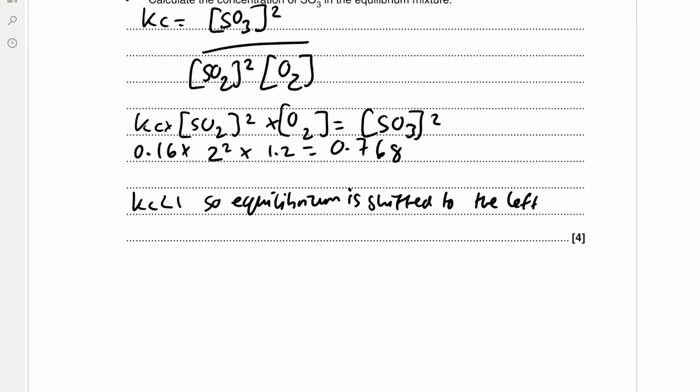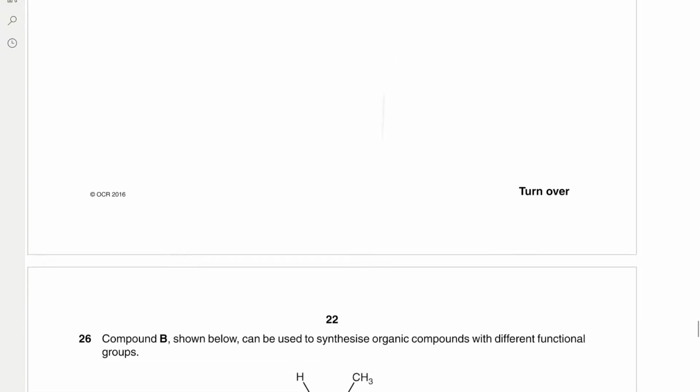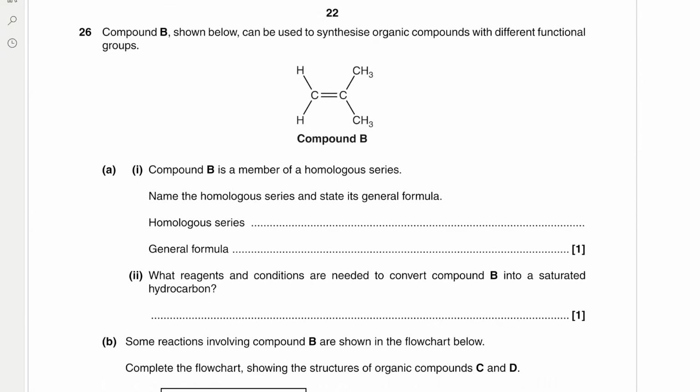But then, sorry, I forgot to square root, because it's SO3 squared, so the SO3 concentration is going to be the square root of 0.768, which is 0.876 mole per dm cubed. So always double check your square roots and your squares. And then 26. Compound B, shown below, can be used to synthesize organic compounds with different functional groups. So we've got an alkene.